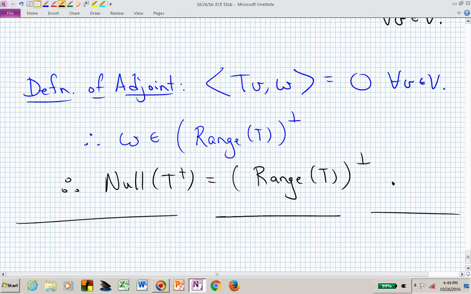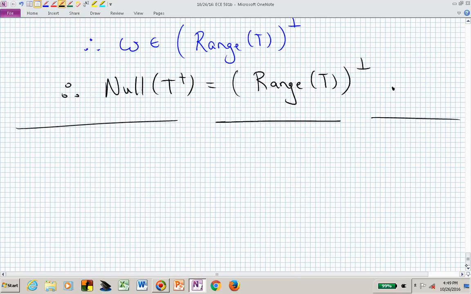Let's look at the third one. We know 1 and 4 are the same, effectively, because they're just orthogonal complements of each other. And if we can show 2 or 3, then we've got the other one. So let's look at 3. This is going to look very similar to what we just did, so we won't spend as much time.